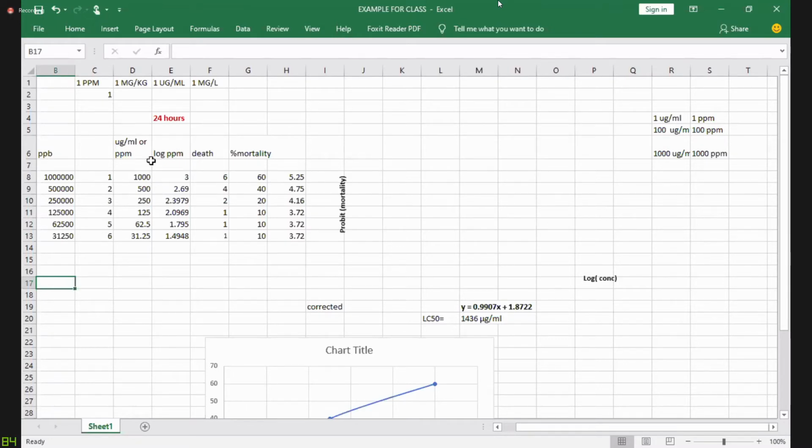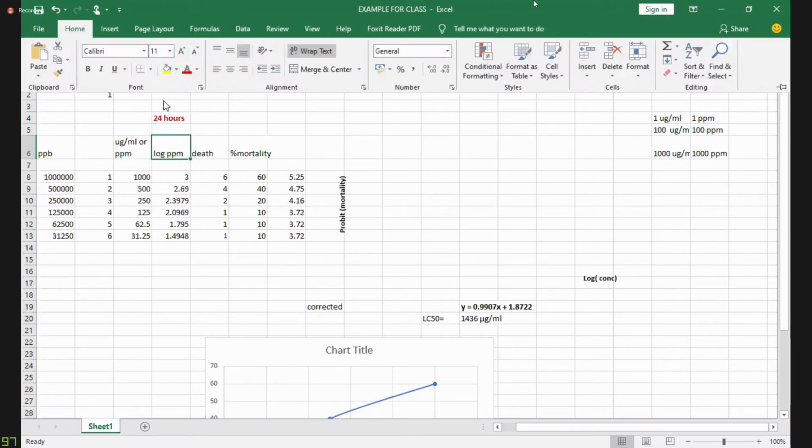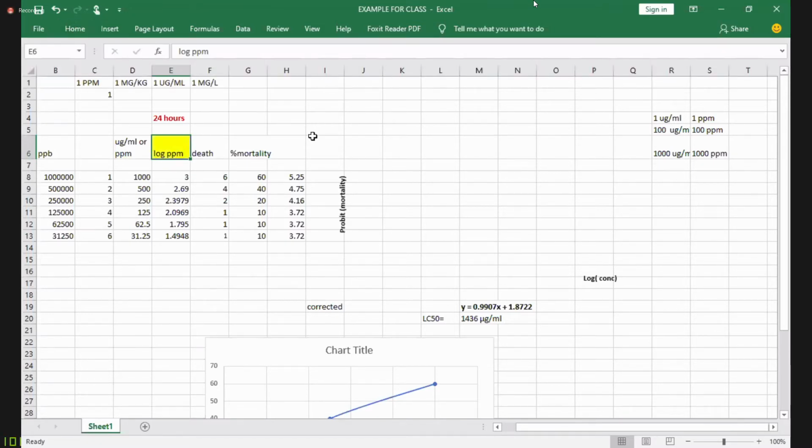So if you have your calculator, log 1,000 is 3, log 500 is 2.69. So this is the concentration that we normally use to get a sigmoidal or a probit regression line.